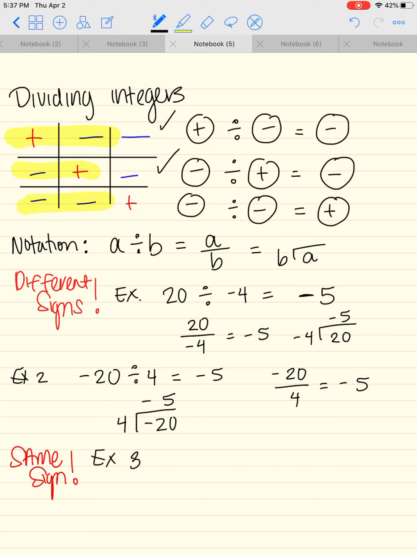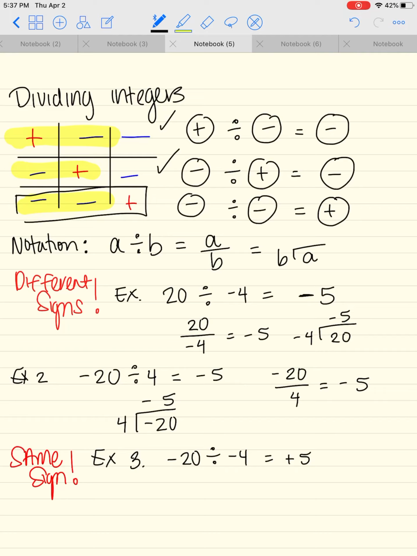It's example 3. Negative 20 divided by negative 4. If I look at my tic-tac-toe, a negative divided by a negative is a positive. Therefore, this is positive 5.